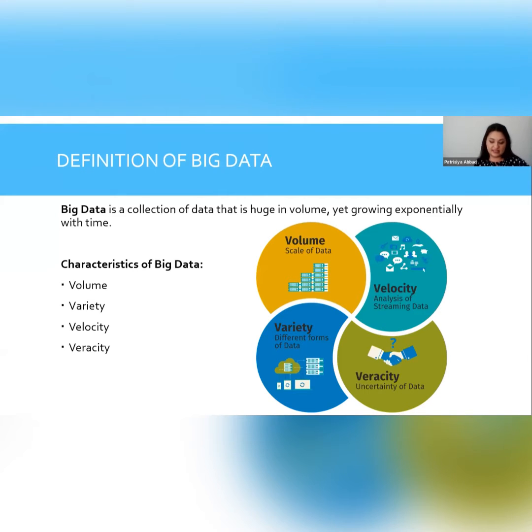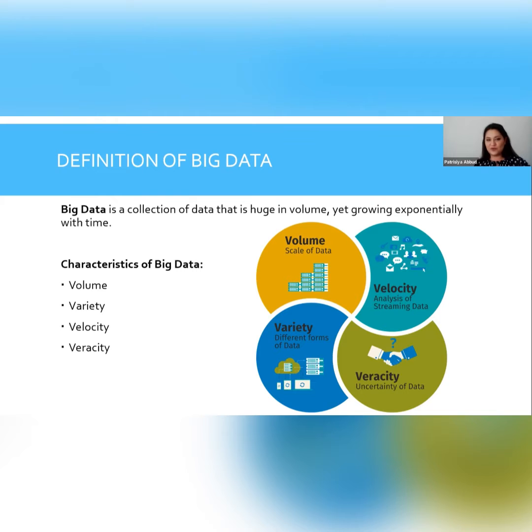Big data velocity deals with the speed at which data flows in from sources like business processes, application logs, networks, etc. Variability, this characteristic refers to the inconsistency which can be shown by the data at times, thus hampering the process of being able to handle and manage the data effectively.